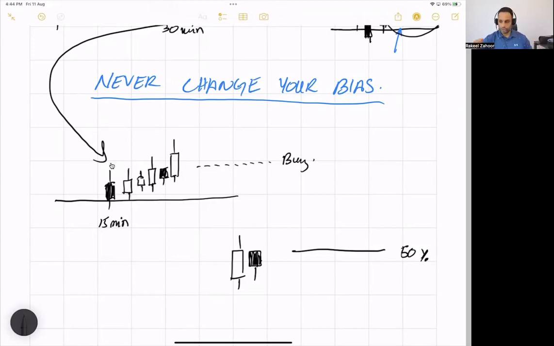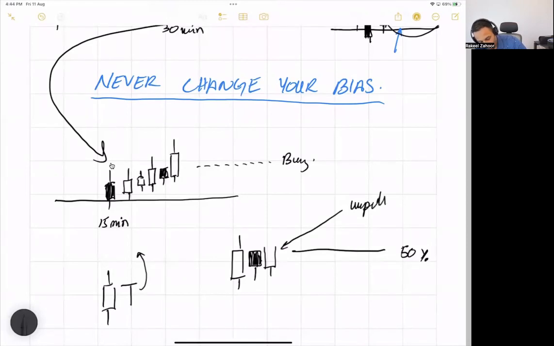Then you see the next candle make a wick down and start to break above the high, and the overall 30-minute candle is starting to push up. You're like, okay, maybe I can add an impulse entry as we break above the high for price to continue to push up.